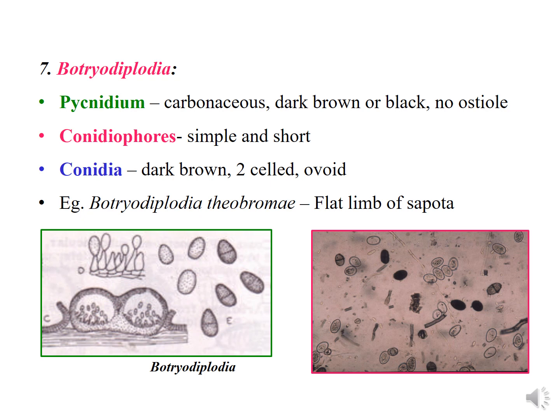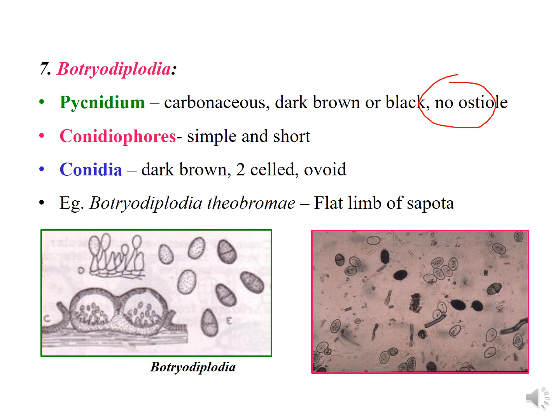Coming to the next genus, Botryodiplodia, where the pycnidium is carbonaceous and dark brown or black with no ostiole. This is the important character in the case of Botryodiplodia, whereas Diplodia is ostiolate; in Botryodiplodia the pycnidium is devoid of the ostiole. Conidiophores are simple and very short in nature.